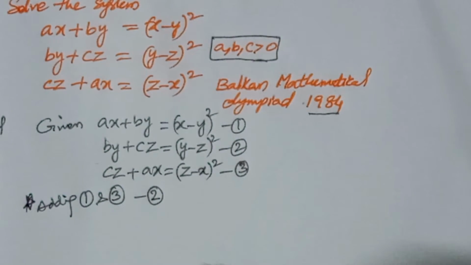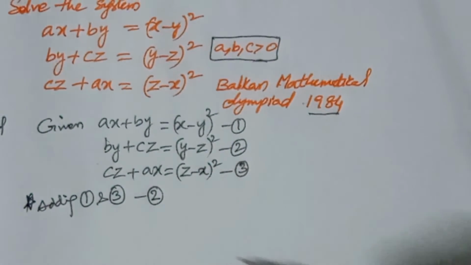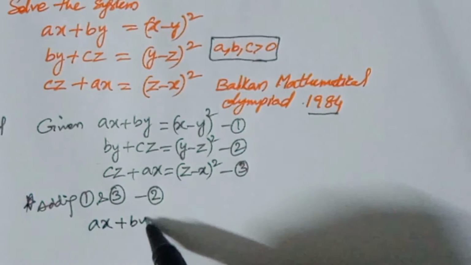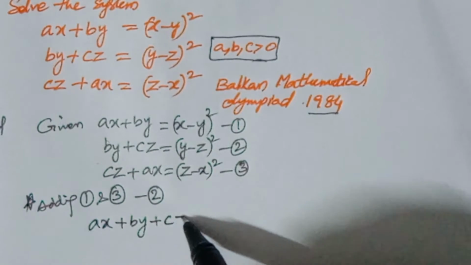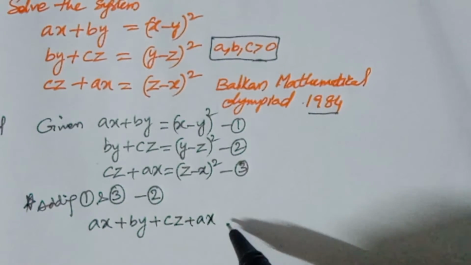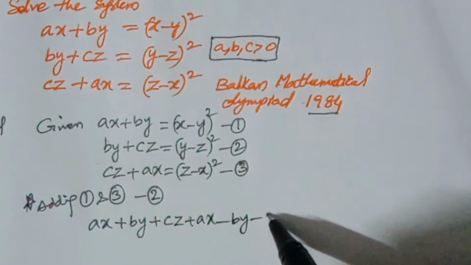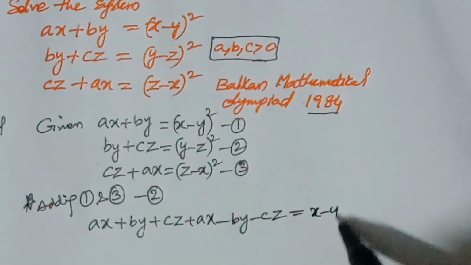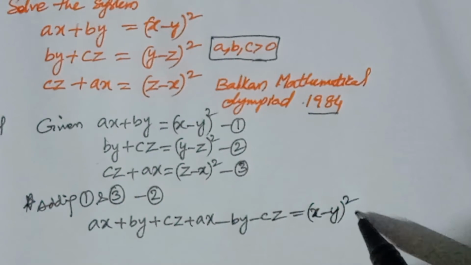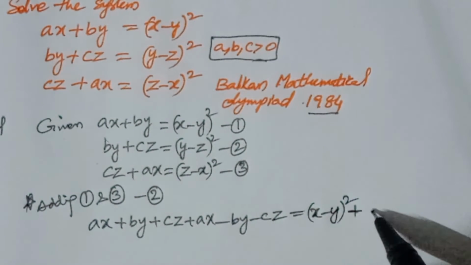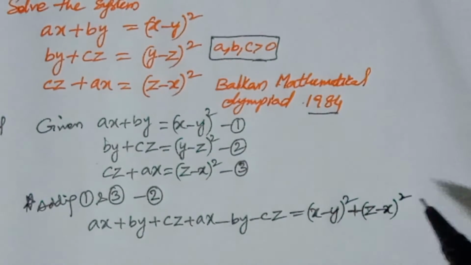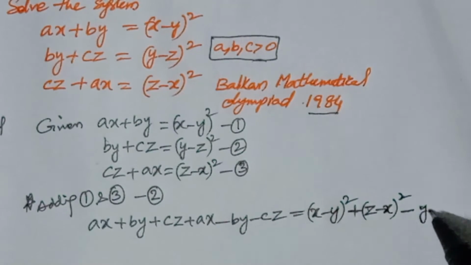Adding 1 and 3 and subtracting 2, we get ax plus by plus cz plus ax minus by minus cz is equal to (x minus y) whole square plus (z minus x) whole square minus (y minus z) whole square.